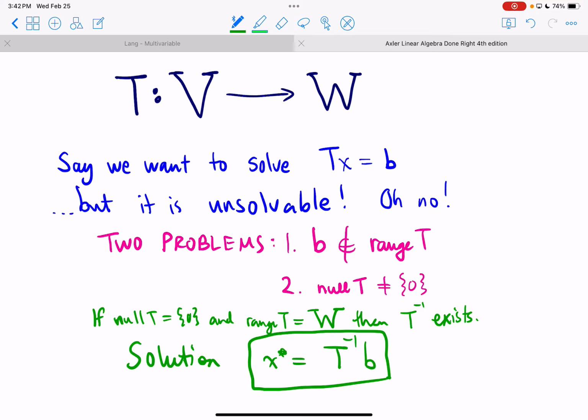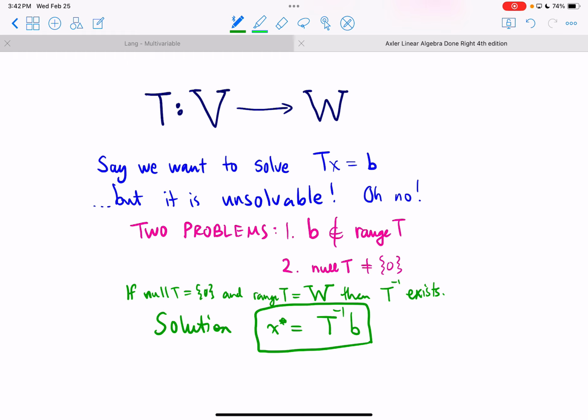And then Tx has to be in W. Of course, you're right that there would be an even bigger problem if B wasn't in W. Then not only do we not have a solution, our equation doesn't even make sense. But very often people write down equations that don't make sense. So that's the third problem. We won't deal with that problem here. Okay. Good. I hadn't thought of that.